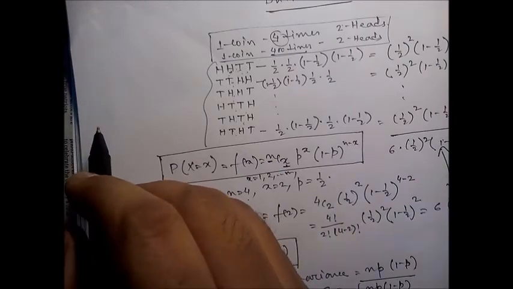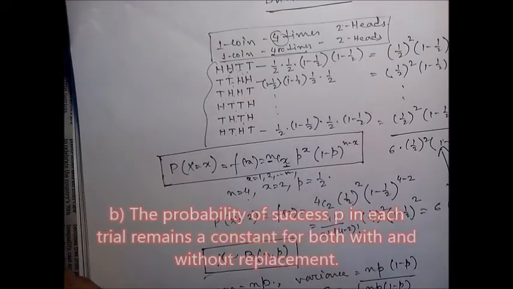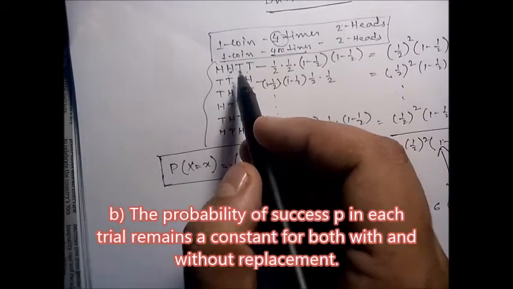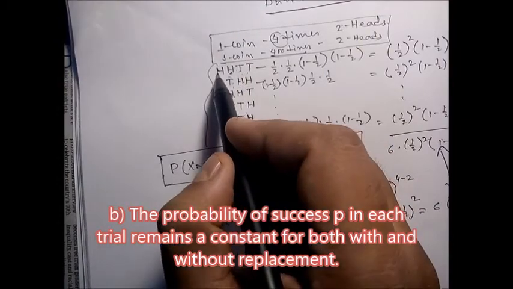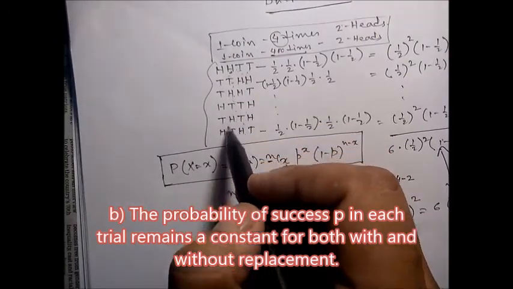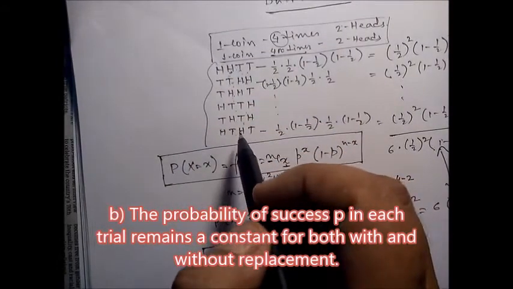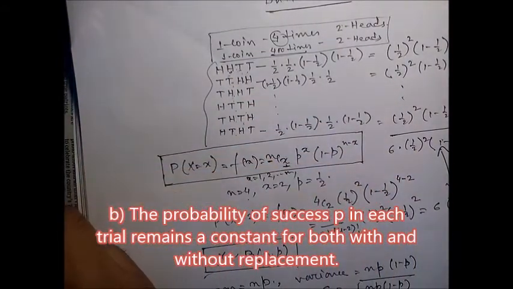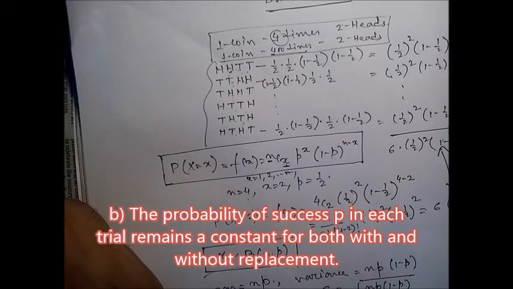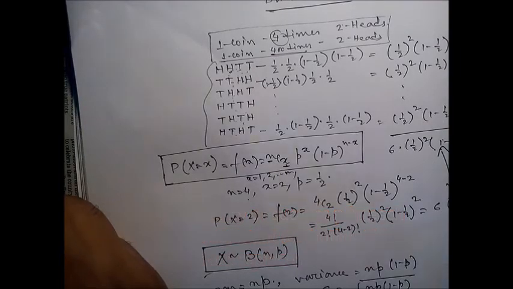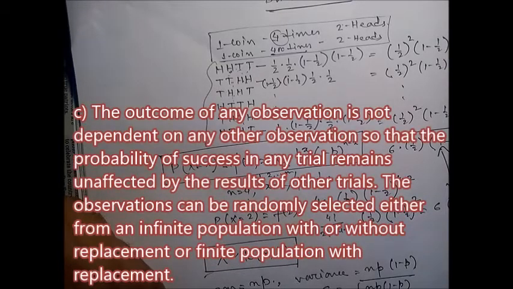Next, the probability of success p in each trial remains constant, for both with and without replacement. So the probability of getting head in all the places should be the same. The outcome of any observation is not dependent on any other observation, so the probability of success in any trial remains unaffected by the results of other trials.